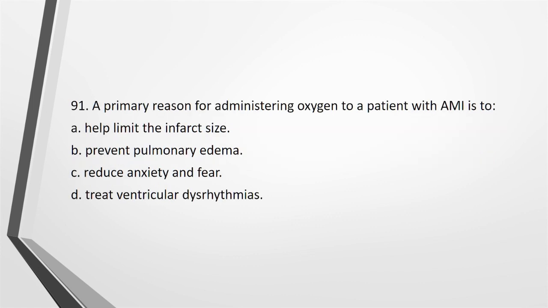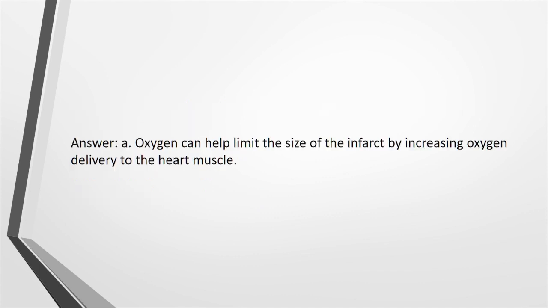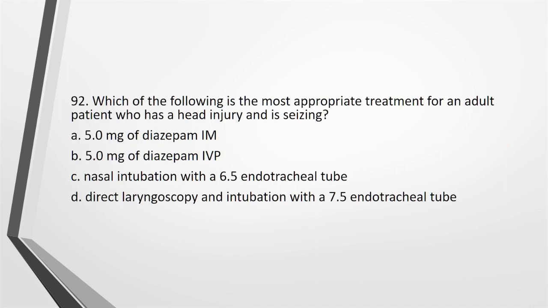91. A primary reason for administering oxygen to a patient with AMI is to A. Help limit the infarct size. B. Prevent pulmonary edema. C. Reduce anxiety and fear. D. Treat ventricular dysrhythmias. Answer. A. Oxygen can help limit the size of the infarct by increasing oxygen delivery to the heart muscle. 92.